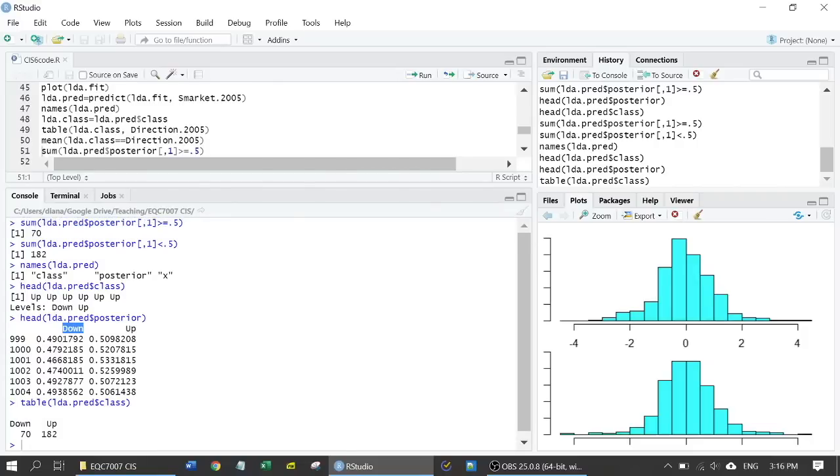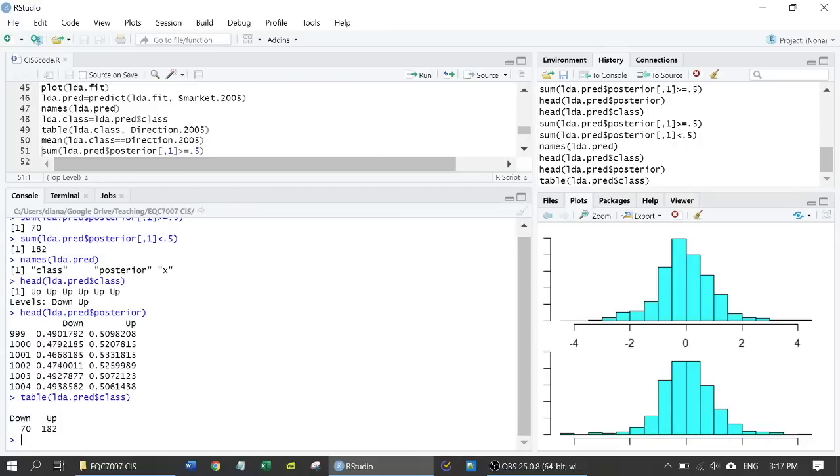So we would expect that if this value is larger or equal to 0.5, it means that they have more probability of going down. Because we are looking at the first column, not the second column. I didn't change this because this comes from the book. If I were, I would change this to become 2, so it might not be very confusing.